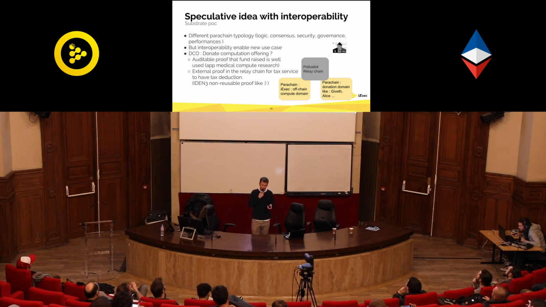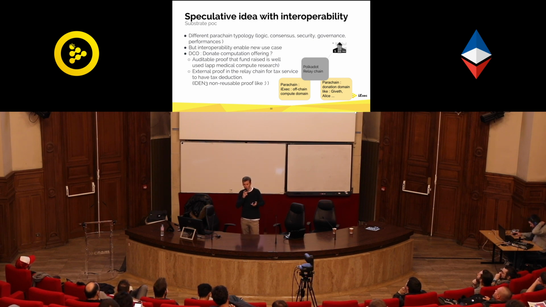So I see that, in fact, you can build a specific logic for your chain, and at some point you will also have different performance needs between use cases, or security or governance will be different. So it can be easily customized for each use case. But at some point you want to have interoperability between your domains.